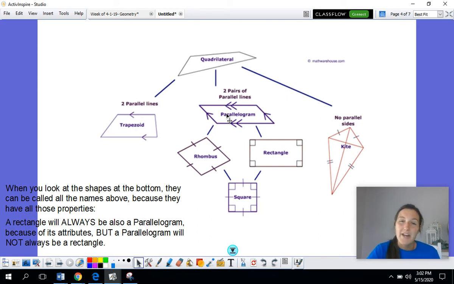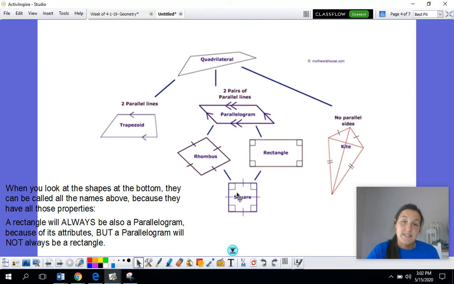That's one thing about a hierarchy, is the hierarchy also shows you multiple names that a polygon or quadrilateral can be called. So underneath the parallelogram, we have a rhombus and a rectangle. Both of those have 2 sets of parallel lines. And then you'll notice underneath is that square. A square has 4 right angles and congruent sides, which is why it's connected to the rectangle. 4 right angles, and it's connected to the rhombus because of the 4 equal sides.